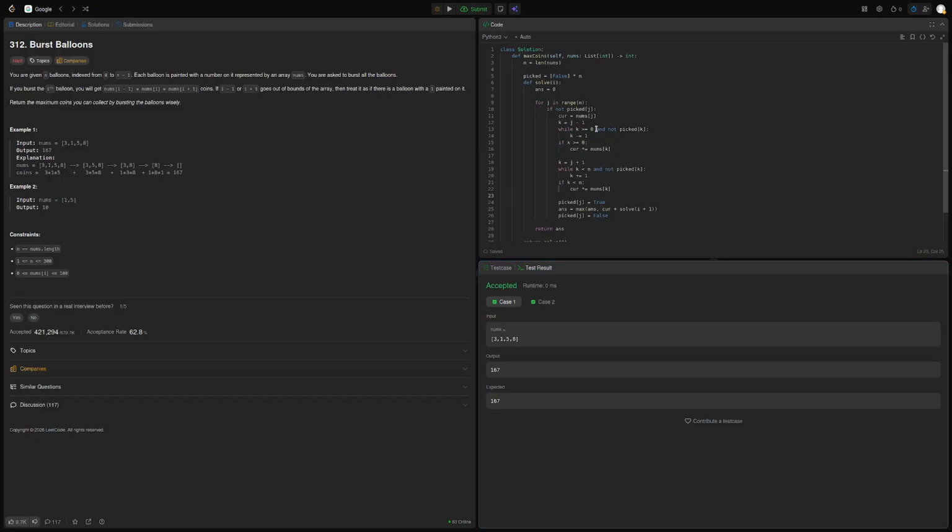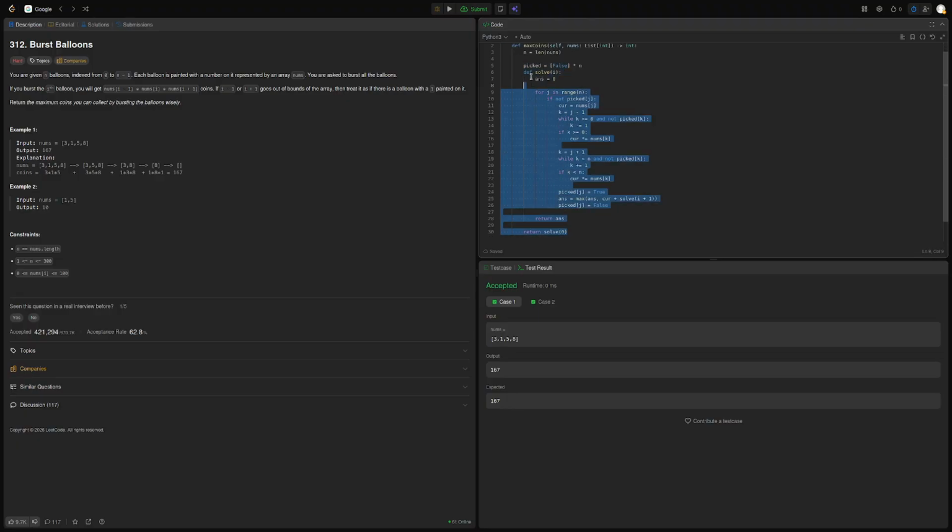Okay, so that works, but this will TLE. So we got some brute force. We go backwards. Now, are we solving any problem?